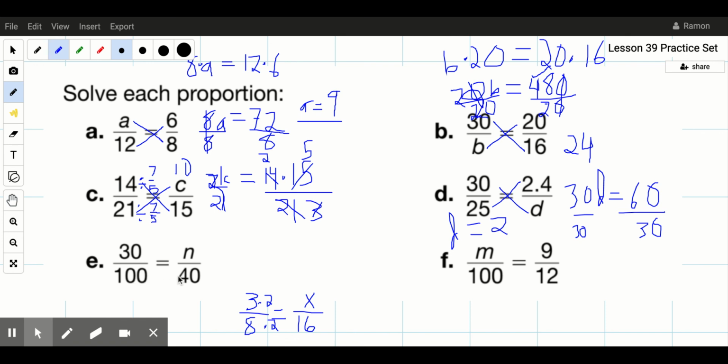So here 30 hundredths equals n over 40. Since 30 is less than 100, less than half, n should also be less than half of 40. So we cross multiply. 30 times 40, which is, 4 times 3 is 12. We're going to add 2 zeros at the end of that. And that's going to equal 100n.